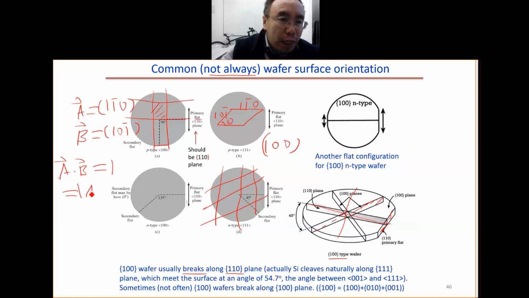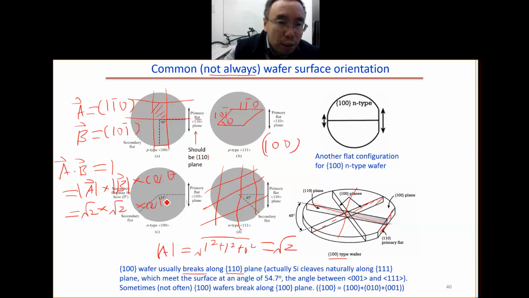This equals the magnitude of A times the magnitude of B times cosine theta. A equals square root of 1 squared plus 1 squared plus 0 squared, equal to square root 2. B is also square root 2. So cosine theta equals 1 over 2, so theta equals 60 degrees. That means when the 111 wafer breaks like this, the angle here will be 60 degrees.